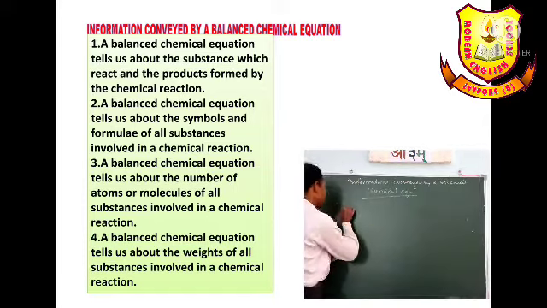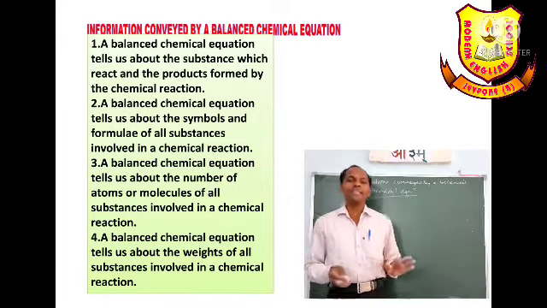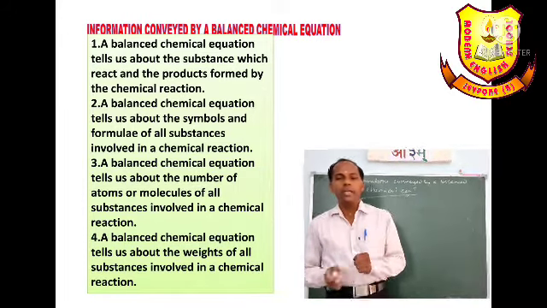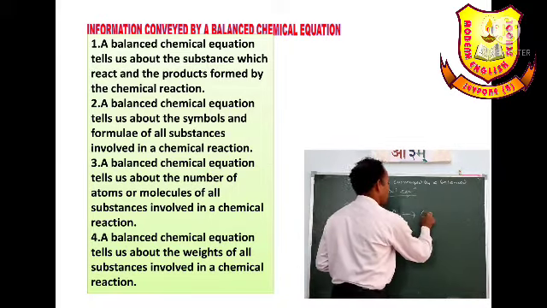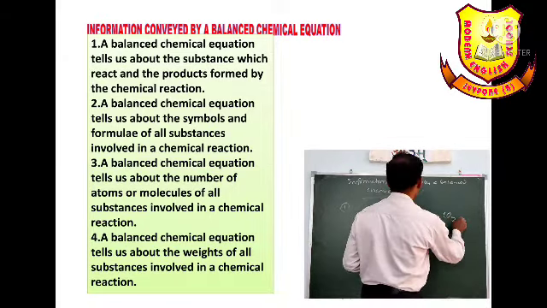First point, a balanced chemical equation tells us about the substances which react and the products formed in the chemical reaction. I can take the example of CuO plus CO, copper oxide plus carbon monoxide, produces copper plus carbon dioxide. This is the example I am taking.